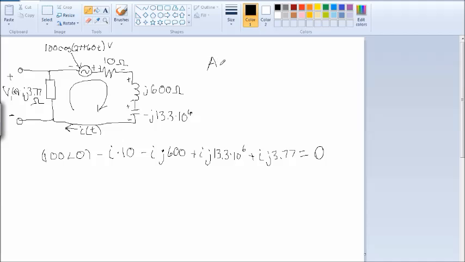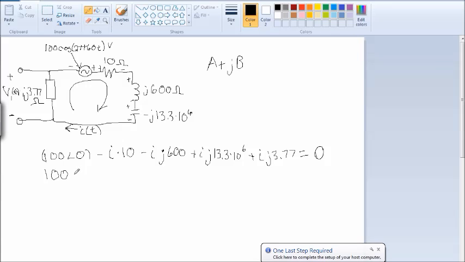It's always going to be A plus J times B, where A is your real part and B is your imaginary part. As we just showed here, since the angle is 0, there is no imaginary part. Therefore, we can call this just 100 in rectangular coordinates. So, let's say 100.